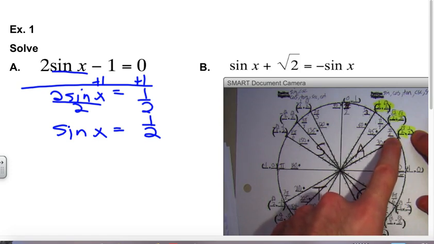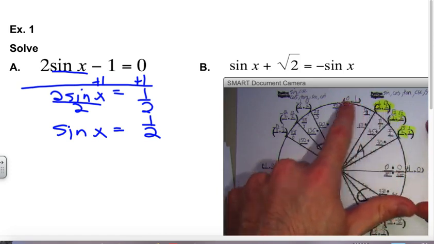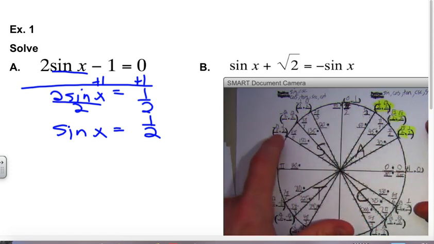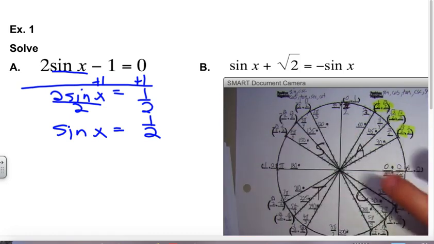We're going to put radians as our answers, all right? So then let's keep going around the circle. Let's look for the y coordinate to be 1/2 again. Looks like y is also 1/2 right here. So 5 pi over 6 and pi over 6 are our answers. You keep going around, and now the y coordinates down here are all negative because you're below the x-axis. So the only two we have are pi over 6 and 5 pi over 6.